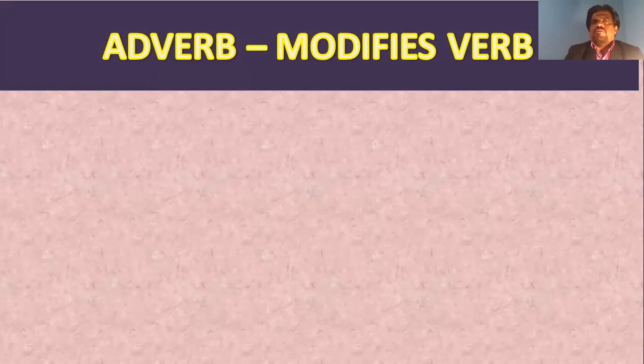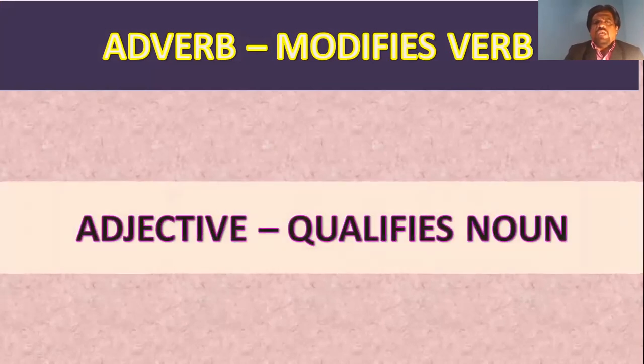Adverb modifies verb. And adjective, we could say that they are noun qualifying words. Let us put it in a simpler way, qualifies noun. So adverbs are verb modifying words, and adjectives are noun qualifying words.